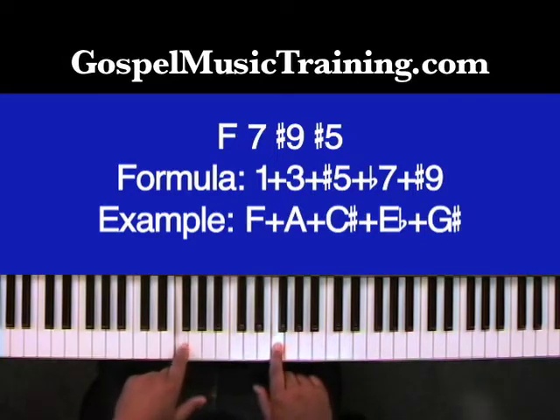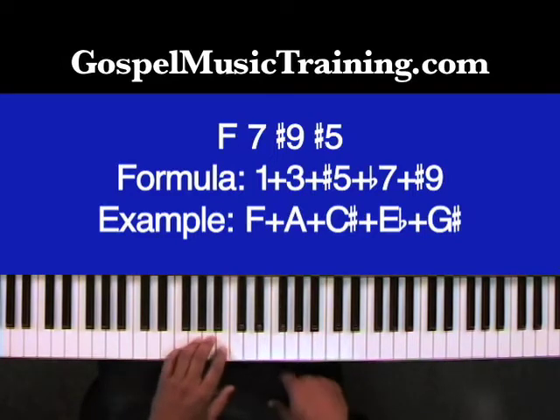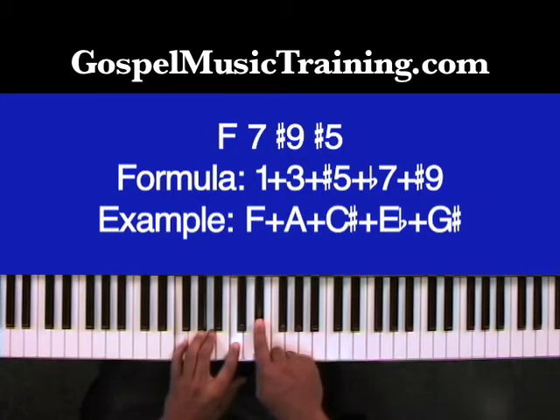So what we're going to do, we're going to start with the root, which is F, A, and C. And then we're going to add the dominant 7. And then we're going to add the 9. All right, so this is a 7, sharp 9, sharp 5 chord.